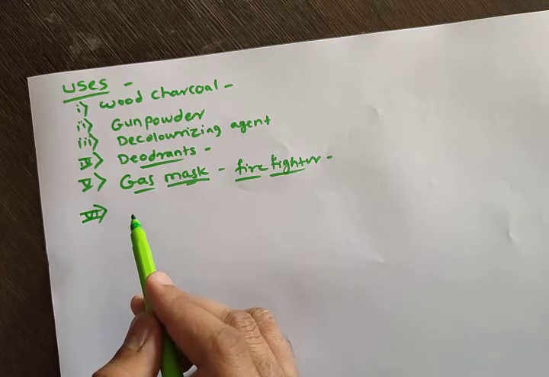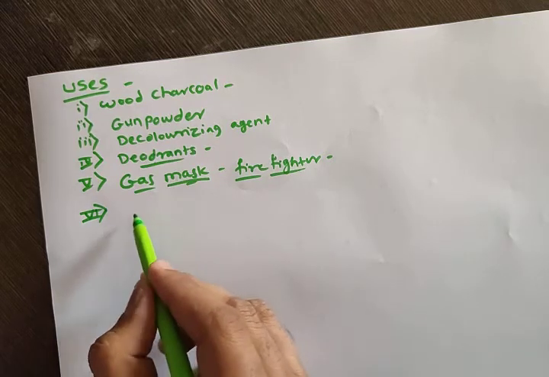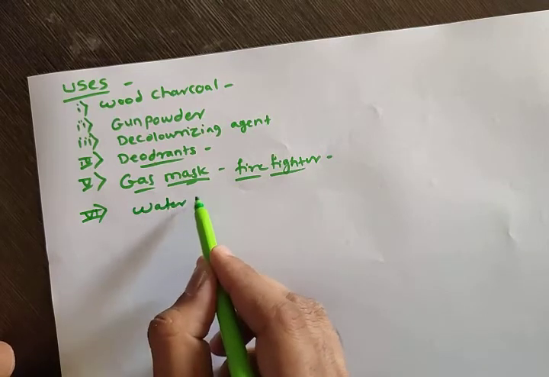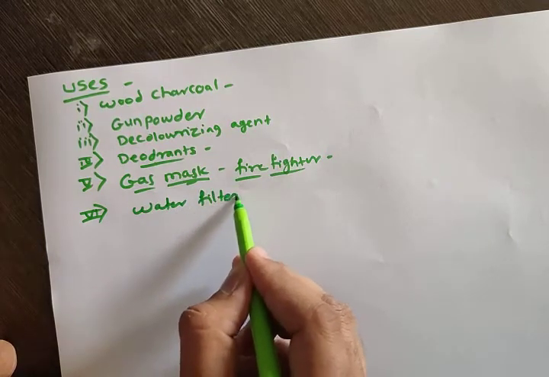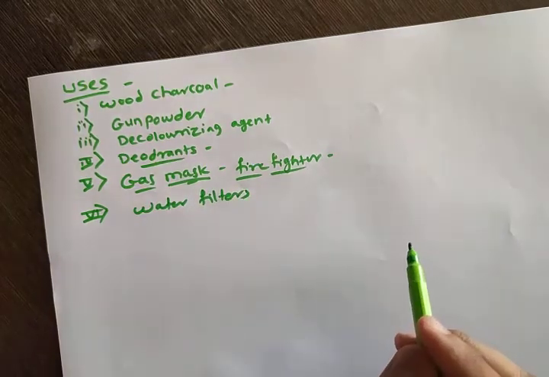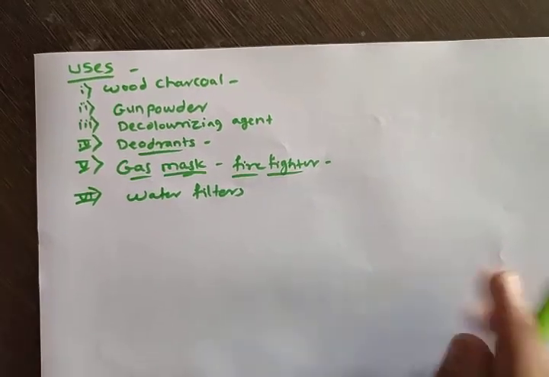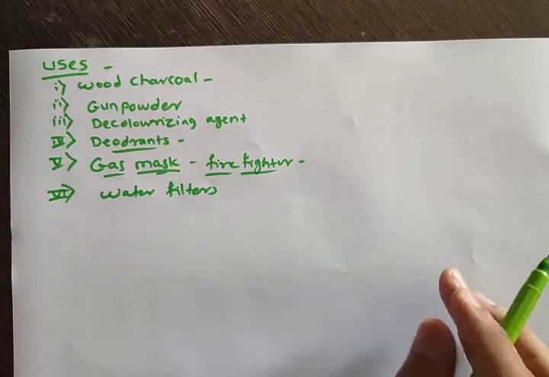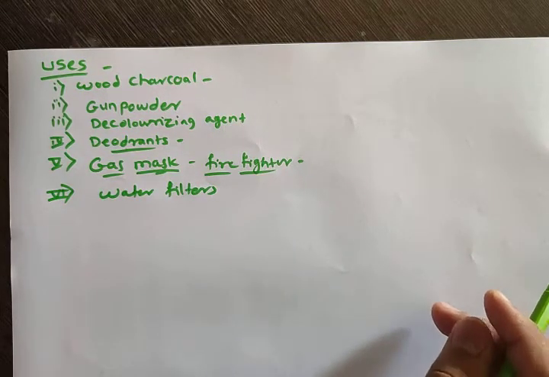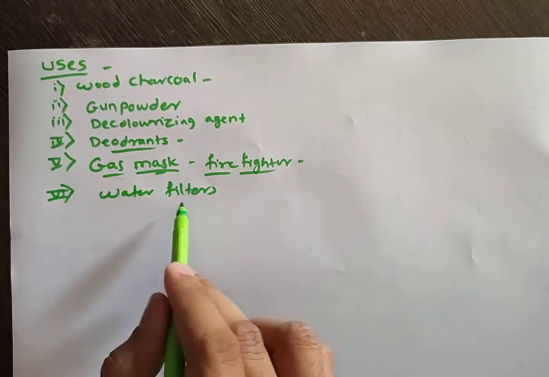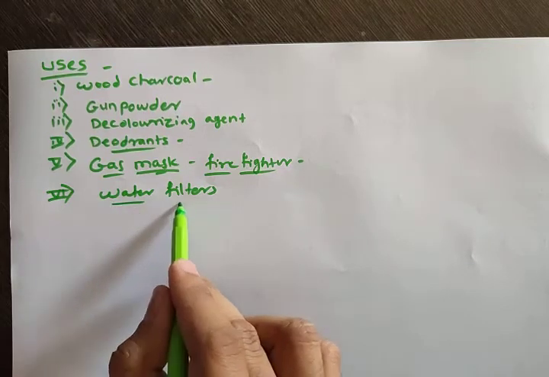Last use, it is used in water filters. Many of you must have a water filter at home. During the repair of that water filter, you must have seen a black colored powder. That black powder is nothing but wood charcoal.